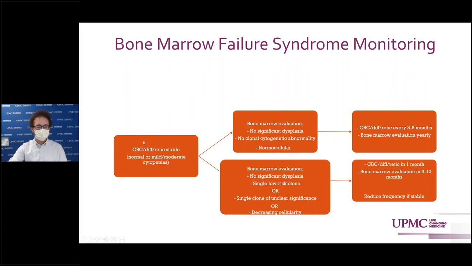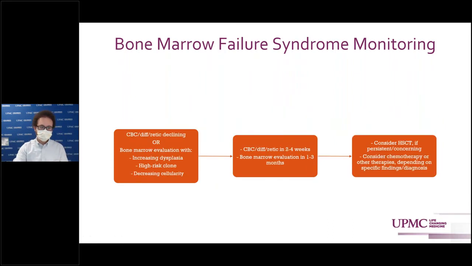And then here, if you have stable counts and the bone marrow shows maybe some mild changes, but not overtly concerning, then we can just check blood counts more frequently and consider checking a bone marrow sooner than the 1 year. But then if they're stable, you can reduce the frequency from there.